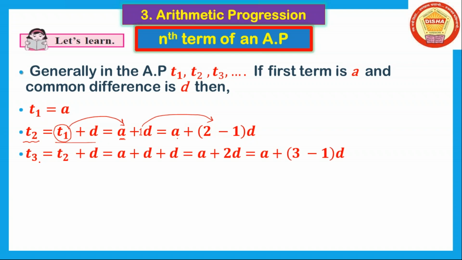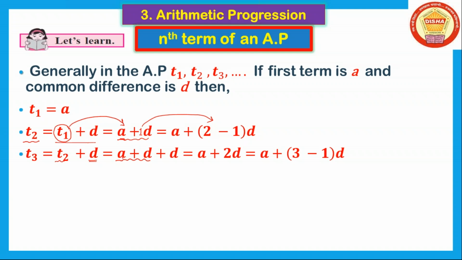Okay, what we do to find third term? That is T3 is equal to T2 plus D. Means again we added D in second term. Okay, but second term here we find, see now, second term is A plus D. Instead of this T2 I am taking here A plus D. Okay, and I am taking this D as it is initially present here.